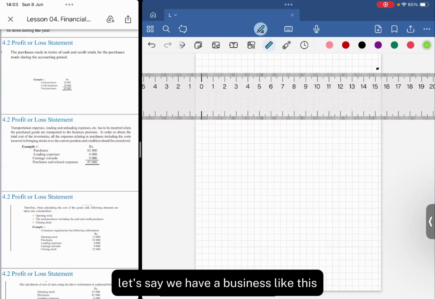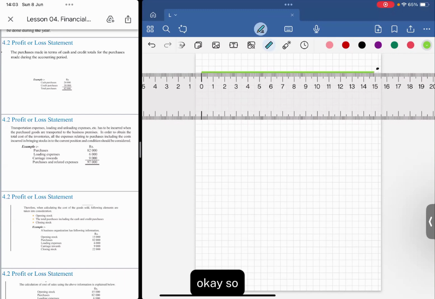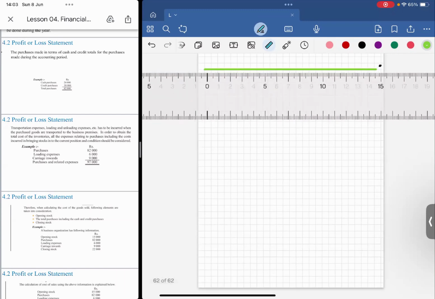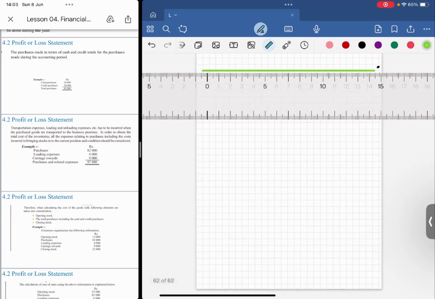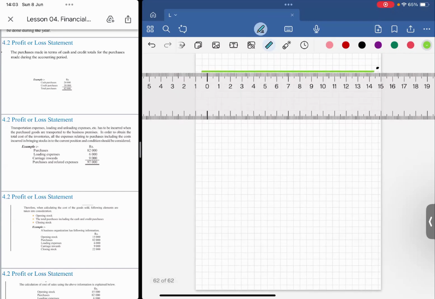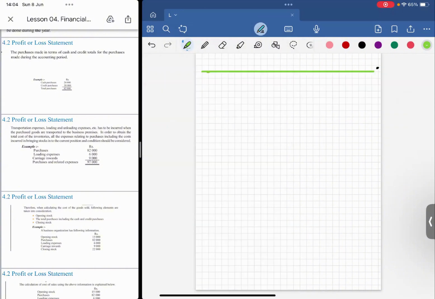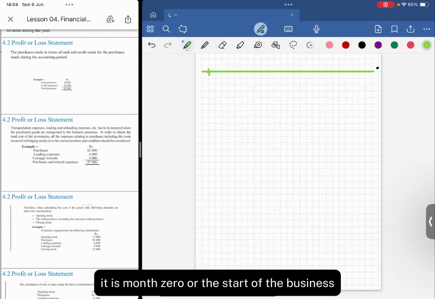Let's say we have a business like this. Now here it is month 0, or the start of the business.